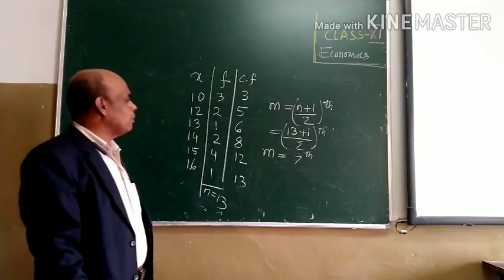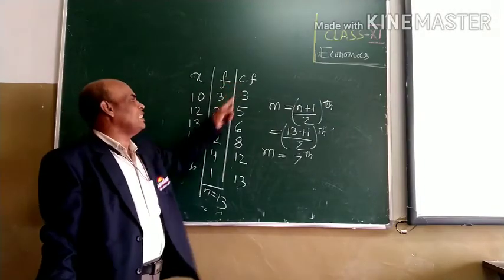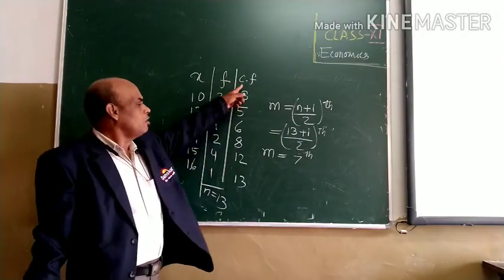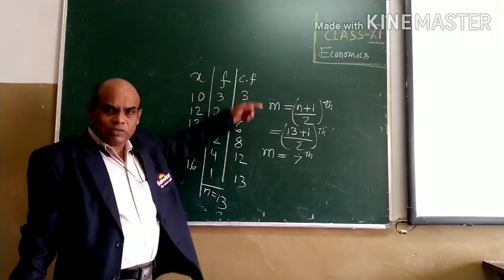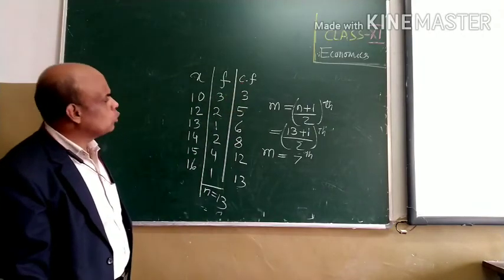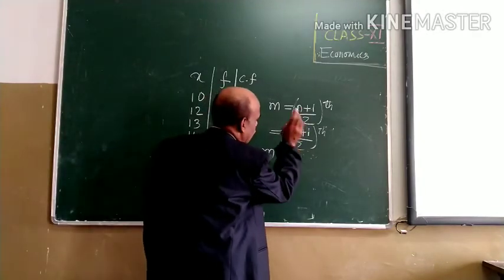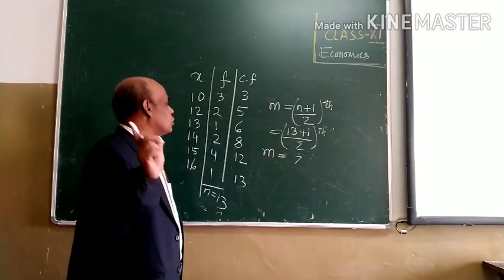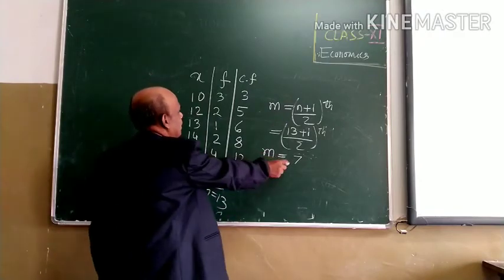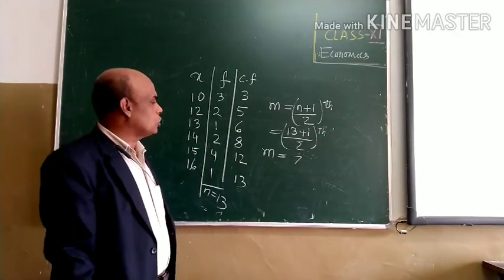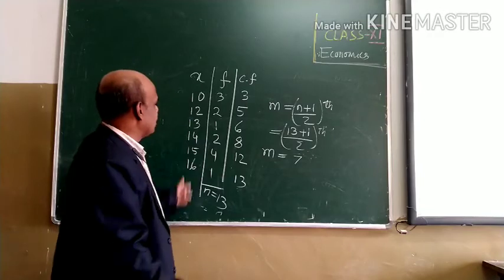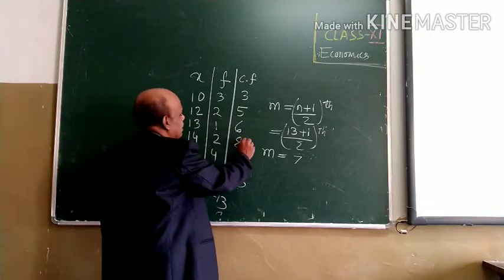You have to remember, from the cumulative frequency, you have to find the number which is just greater than 7. So just greater than 7 is 8.